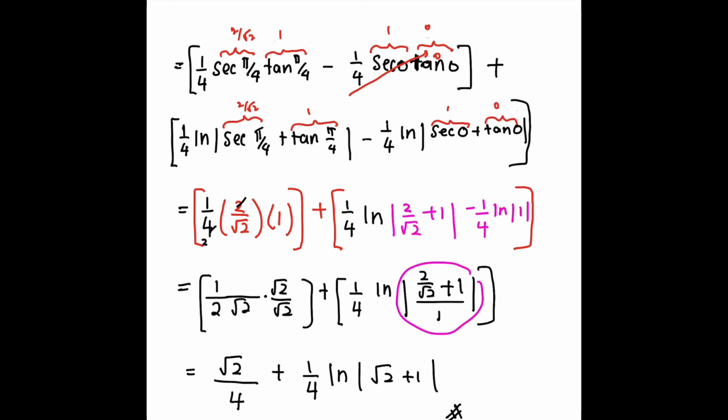Okay, so let's fill in all of the answers inside and simplify this. And finally, you will have your answer here: root 2 over 4 plus 1 over 4 ln of root 2 plus 1. Therefore, this is your final answer.